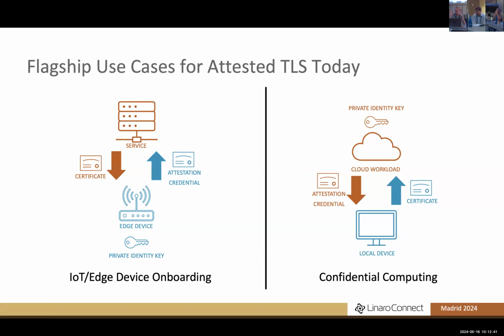So these were, not sure whether flagship is necessarily the right word, but these were our two leading use cases for attested TLS in the early conceptual stage. One where you're onboarding some sort of edge device to a cloud service and using attestation above and beyond just the proof of possession of the private identity key.